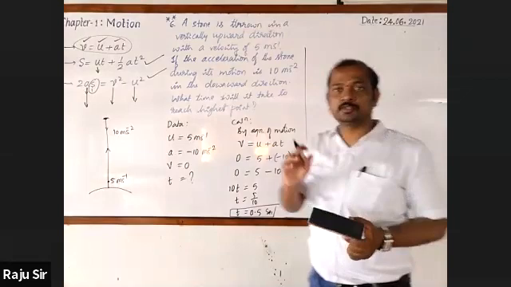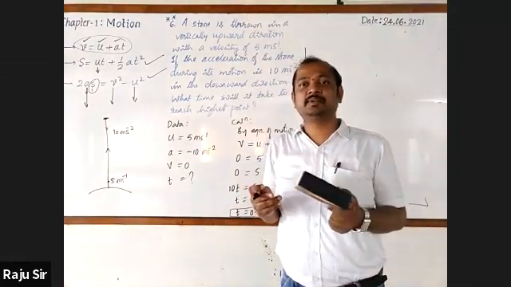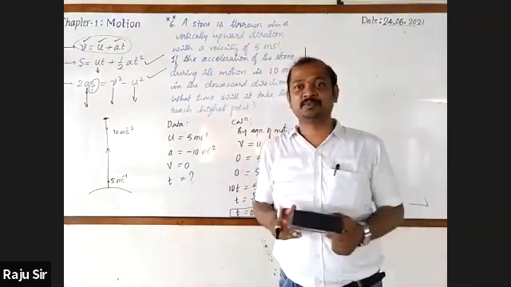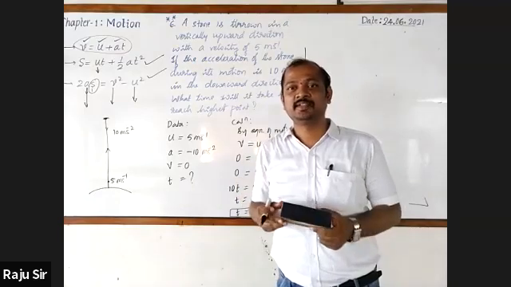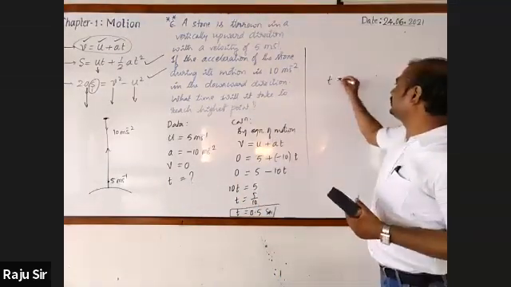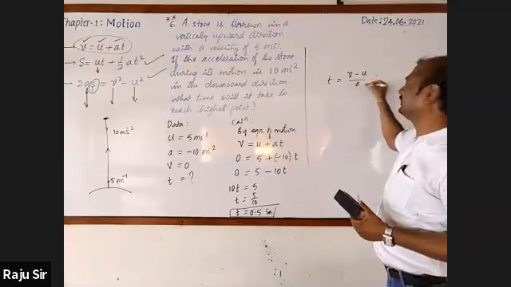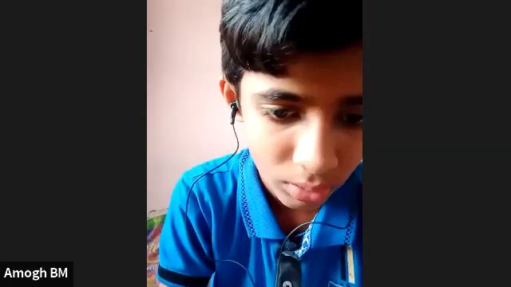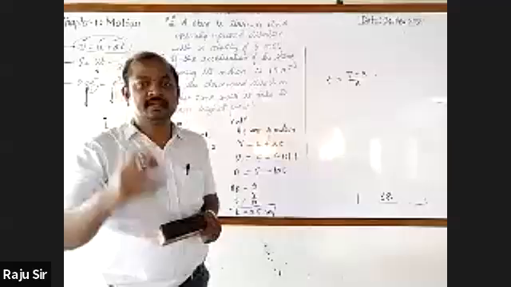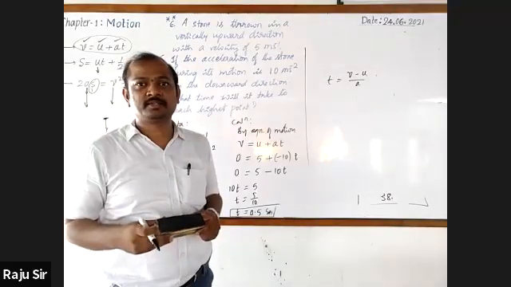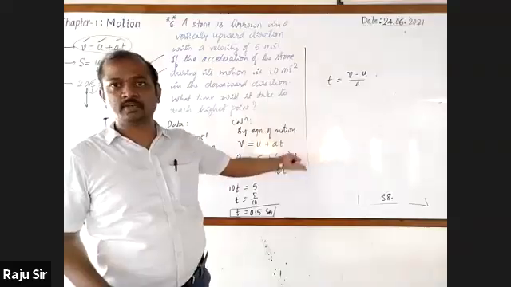Helping verb should be used first: can we use, or could we use? Sir, could we use the formula t is equal to v minus u by a? This is the question you asked, no? Yes, sir, this can also be used. You will get the same answer.